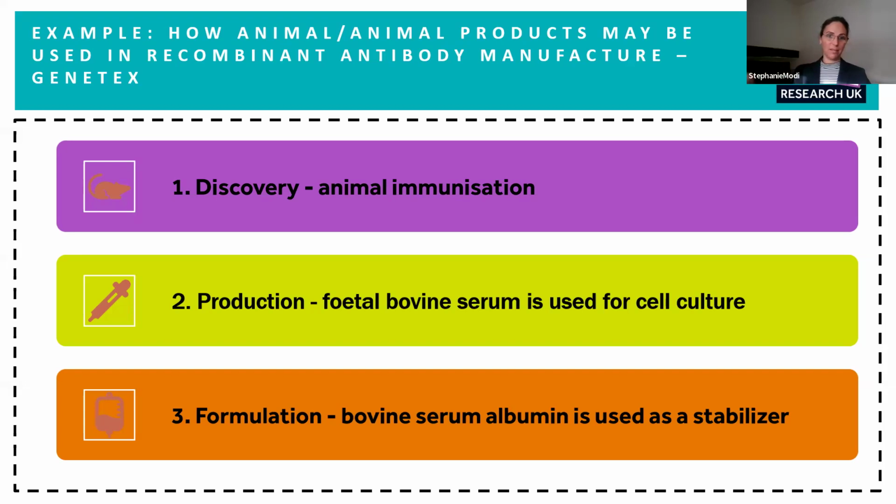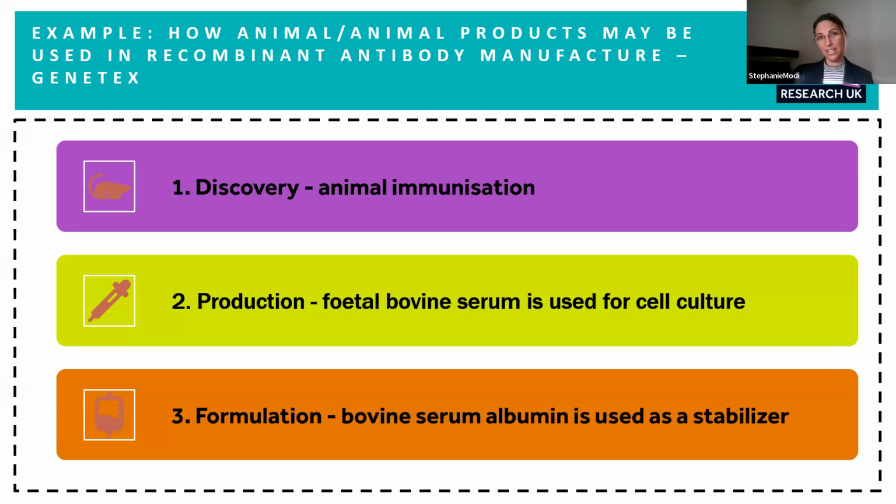They're doing this with new animal involvement, so it's a little bit different. For their production phase, their downstream production is completely recombinant, so they don't use animals. But they do use animal-derived biomaterials. They use fetal bovine serum for their cell culture, and then in their final formulations, they also use bovine serum albumin as a stabilizer.